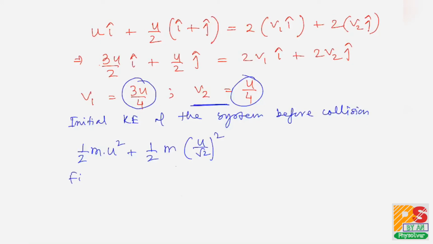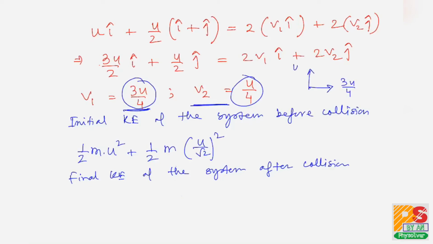Now the final kinetic energy of the system after collision. The x component of the final velocity is 3u by 4 and the y component of the final velocity is u by 4. The total mass of the body is 2m.